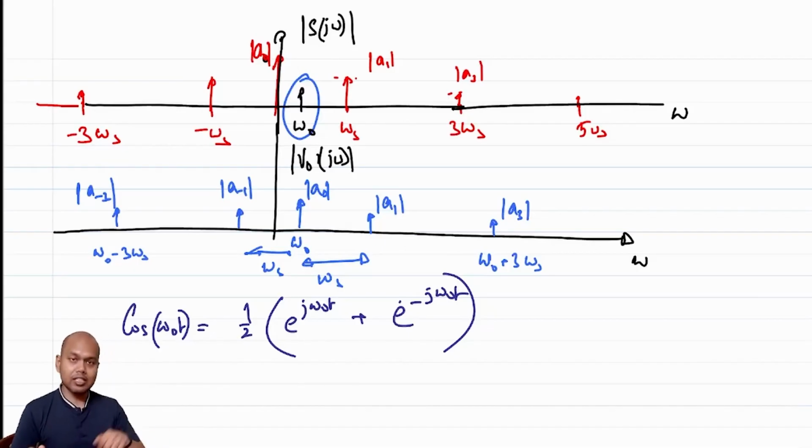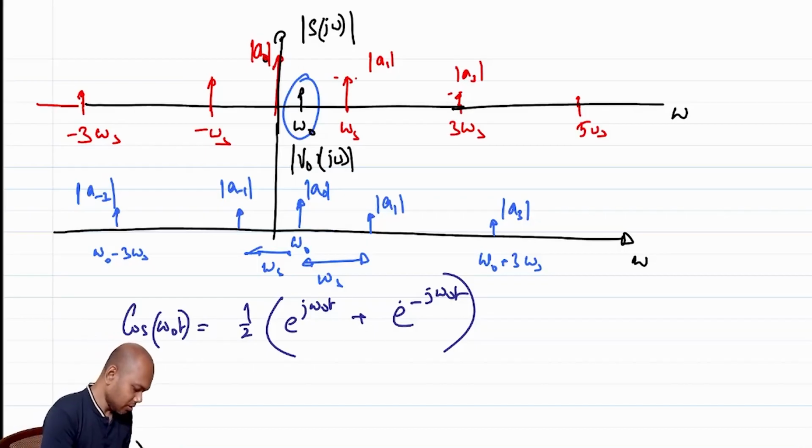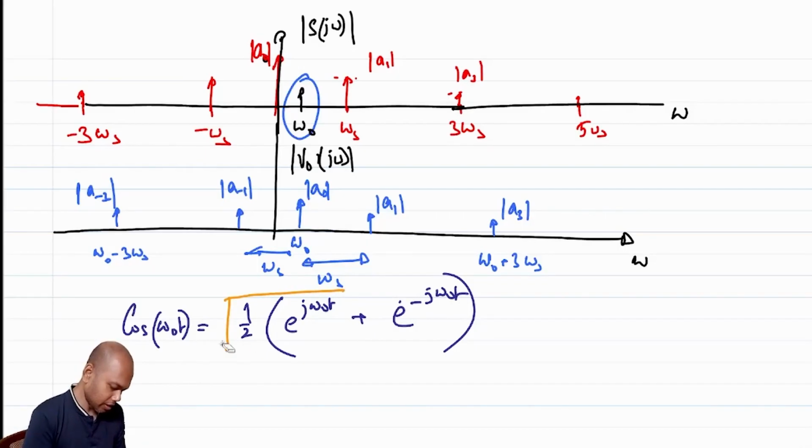So now note that this is a linear system, so I can still use superposition. So I can say that I know the response to this, or rather let's get rid of the half term. I'll just say that your input is twice cosine omega naught t, just to keep the algebra simple, or rather keep track of all the terms without making an error.